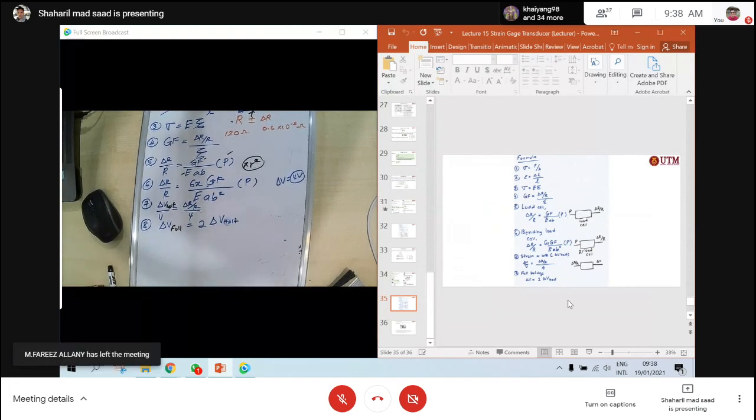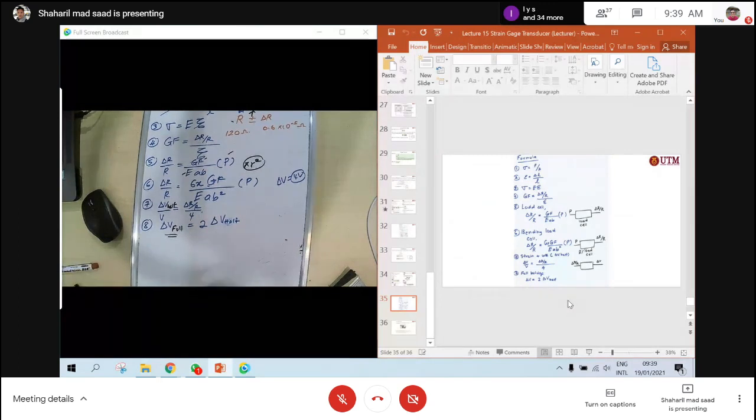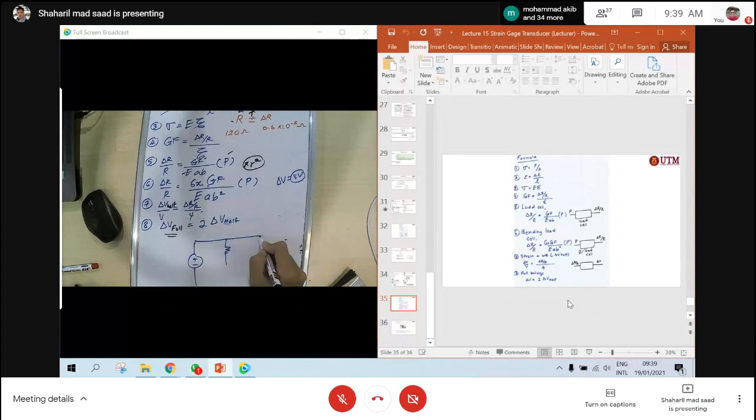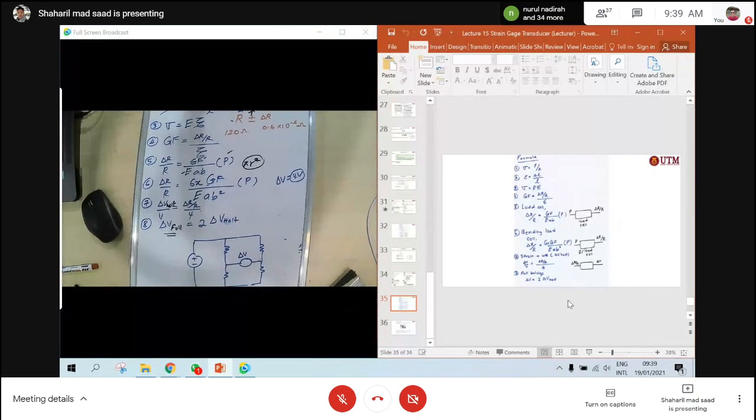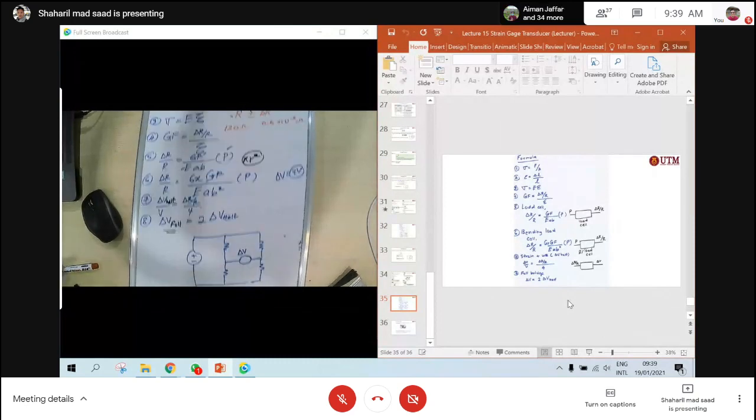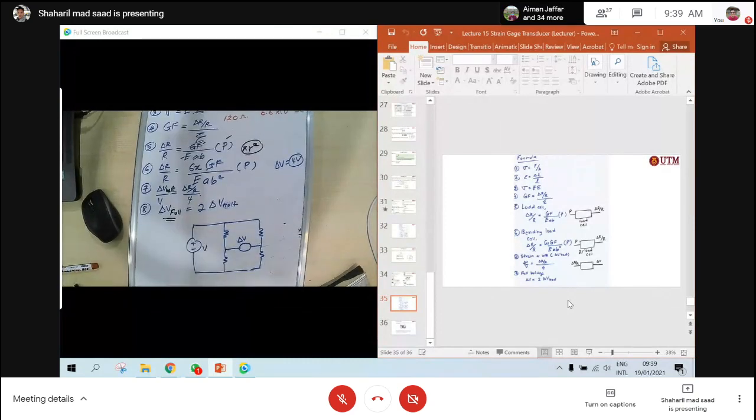This is your Wheatstone bridge. Right now you have utilized all of this bridge.